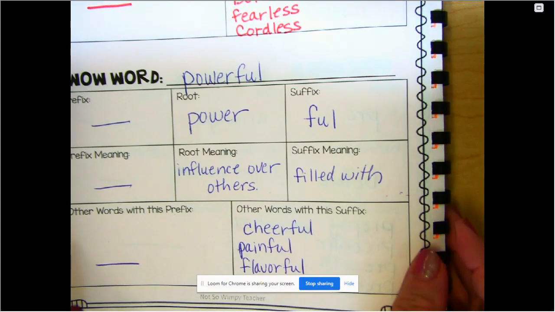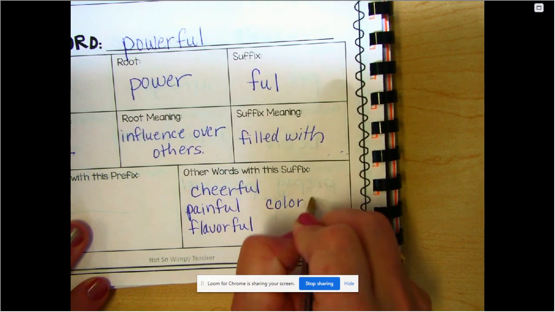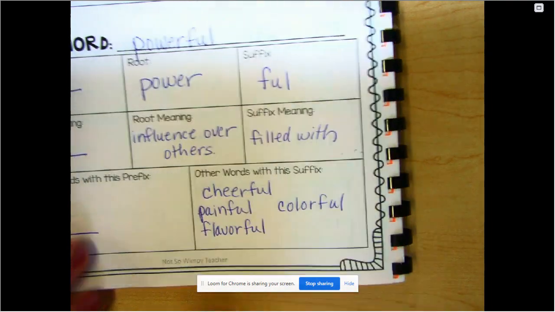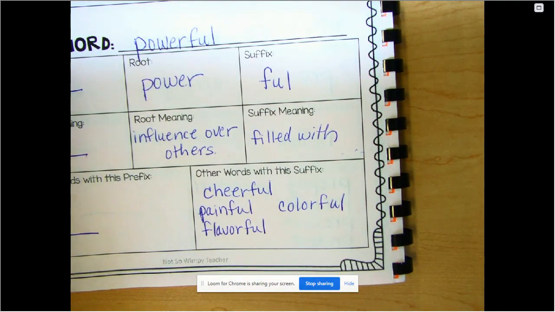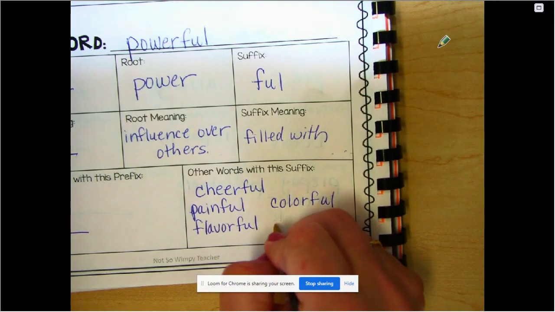And even though last week we had colorless, what about colorful? Colorful. We only put one L because we're doing the suffix full, not the word full. So there's a little difference. Playful might be one.